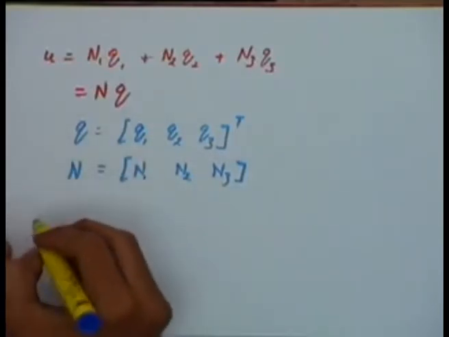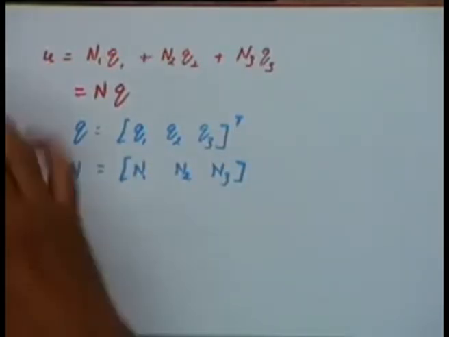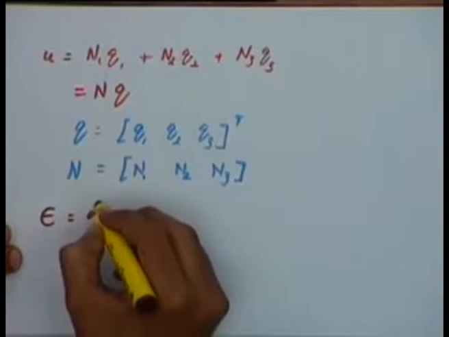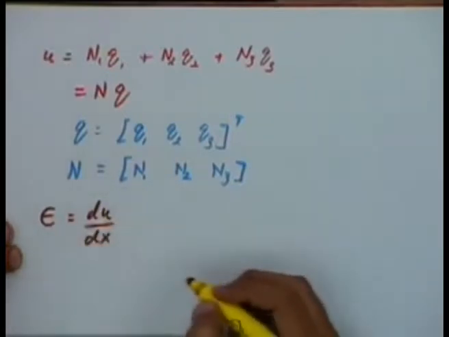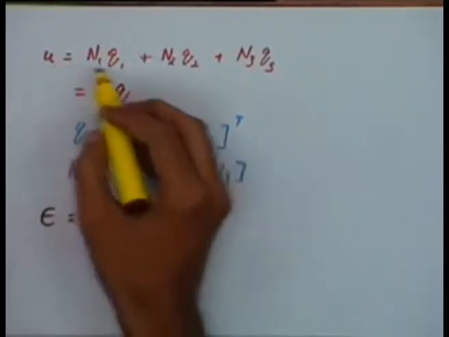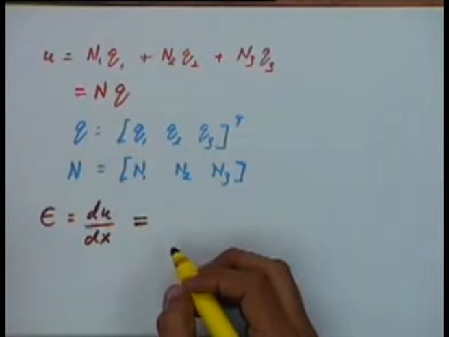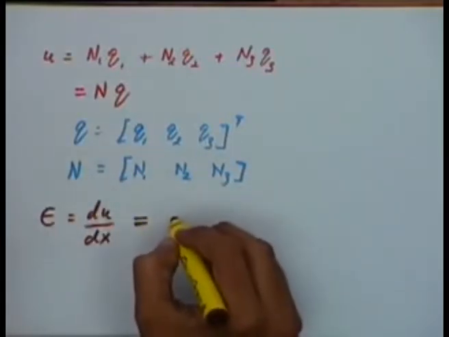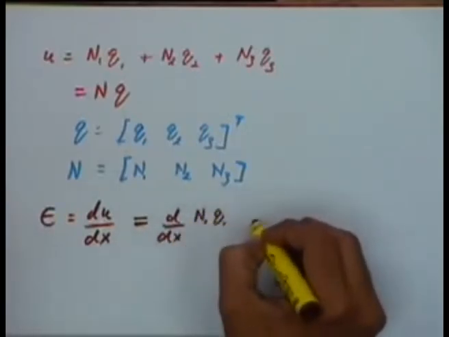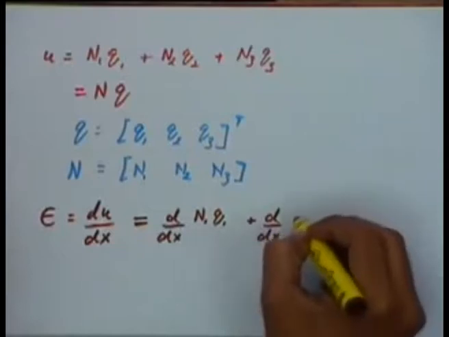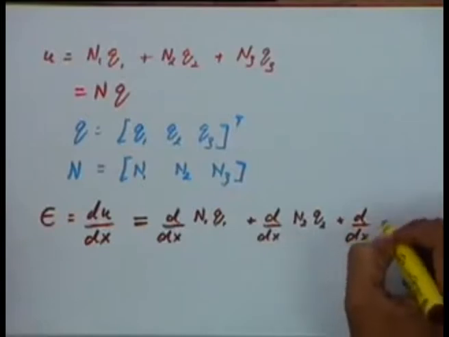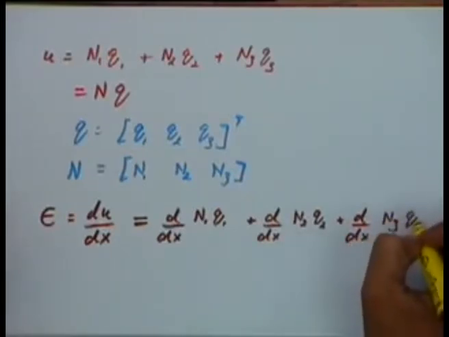The next thing is, in one dimensional elements, the strain epsilon is given by du by dx. So du by dx, if we take up this expression, will be d by dx of N1 q1 plus d by dx of N2 q2 plus d by dx of N3 q3.